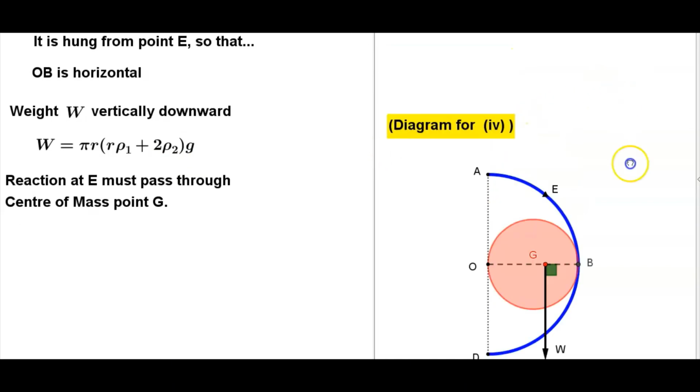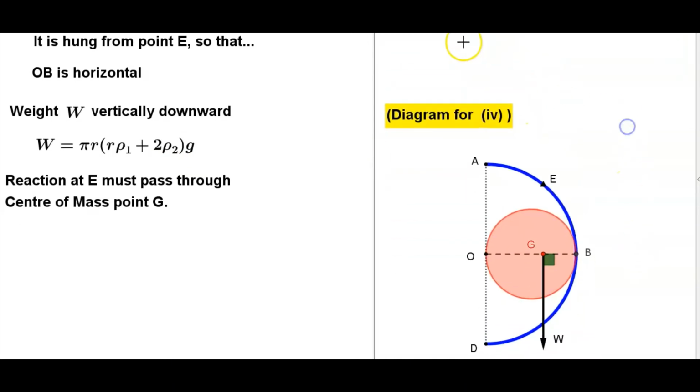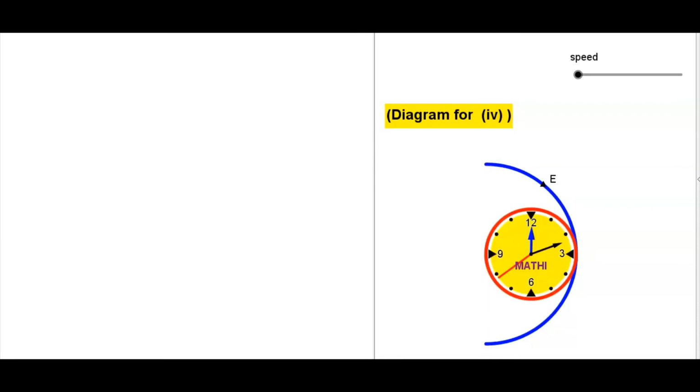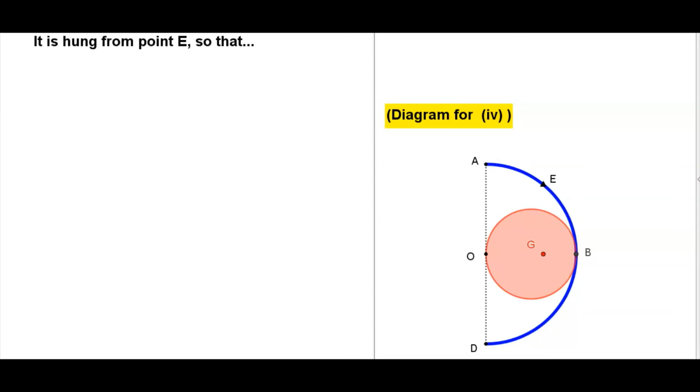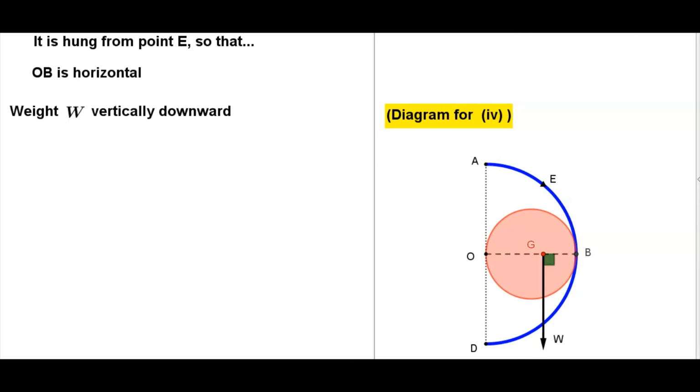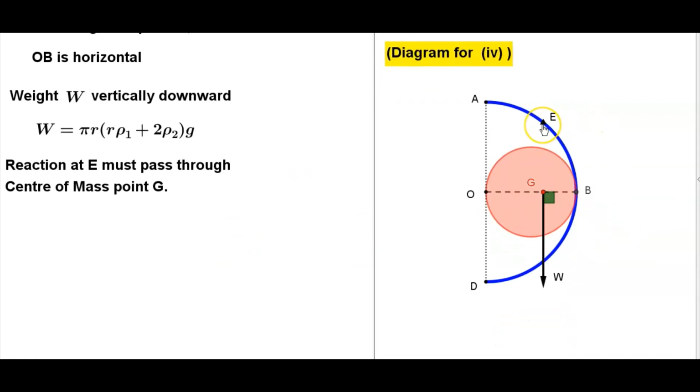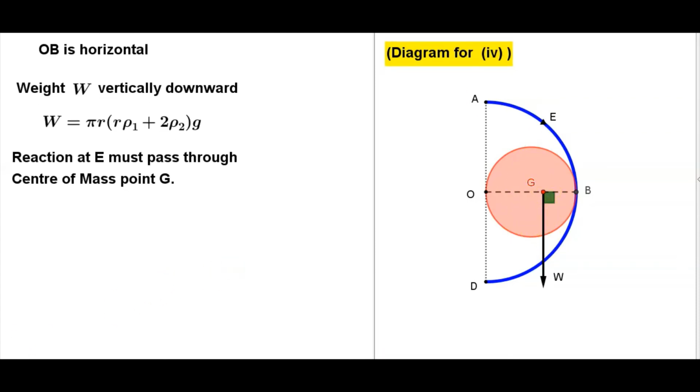Reaction at E must pass through the center of mass point G, because only two forces are acting, both vertical.